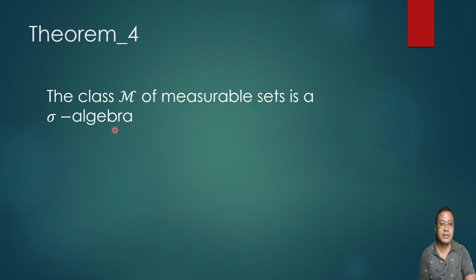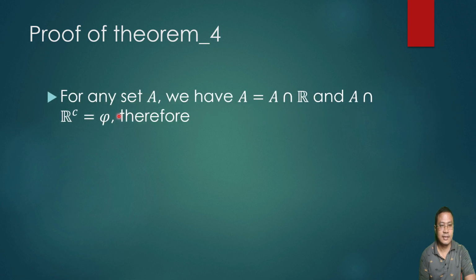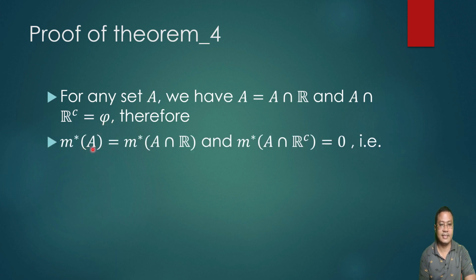So let us see. For any set A, we have A intersection A is equal to A intersection R. This is obvious, and A intersection R complement. So what is the R complement? It is phi. Therefore, M star A is equal to M star A intersection R, and M star A intersection R complement is equal to 0.